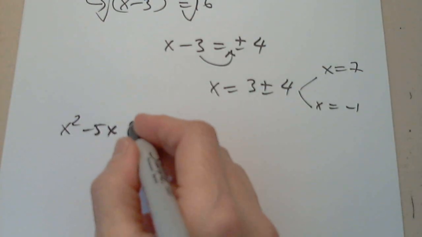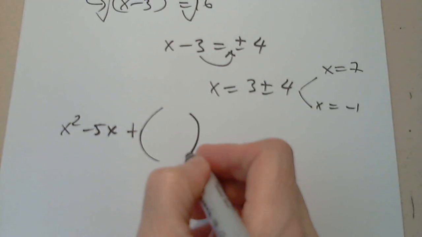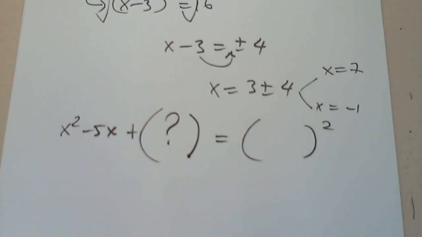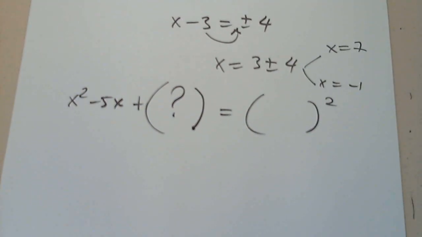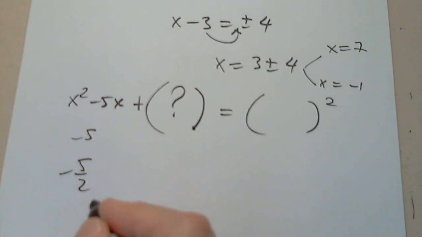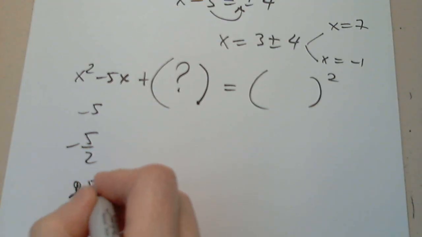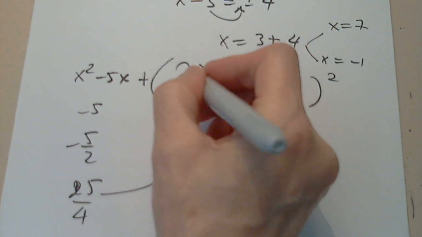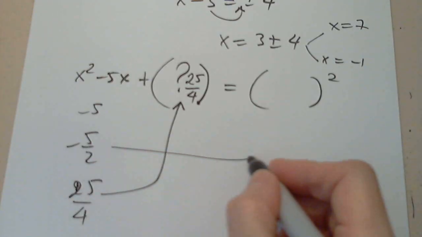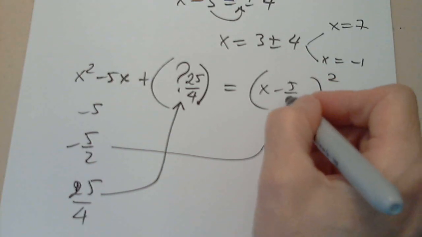They're asking us, what should we add so that this is a perfect square? So this is the question here. So what we have to do is go through the 4-step procedure. Negative 5 divided by 2, squared, is 25 over 4. This is the number that I have to add. 25 over 4. And this is what I get: x minus 5/2 squared.